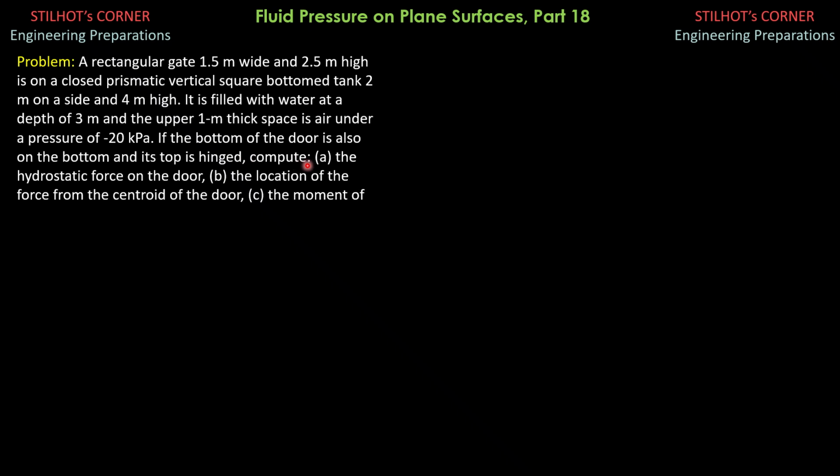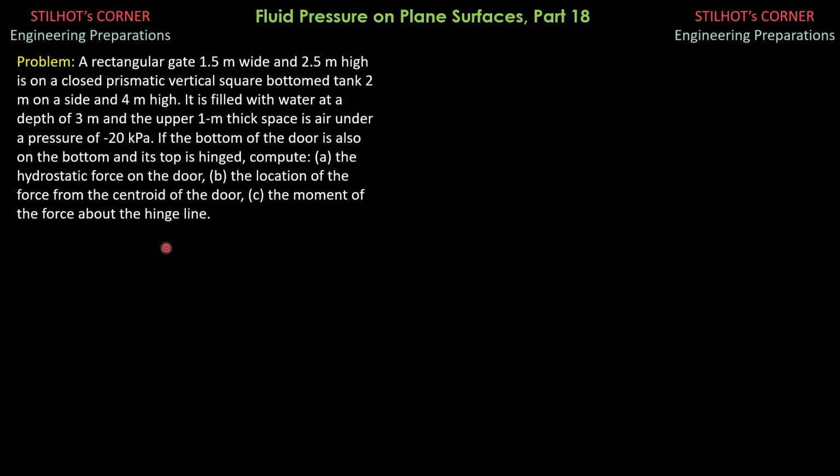If the bottom of the door is on the bottom and its top is hinged, compute A, the hydrostatic force on the door, B, the location of the force from the centroid of the door, and C, the moment of the force about the hinge line.